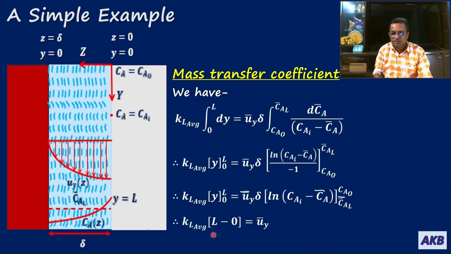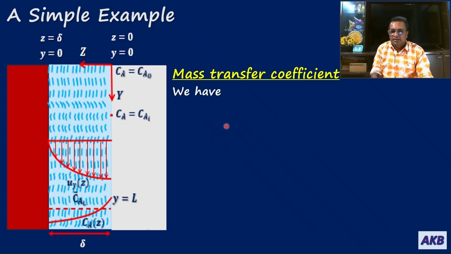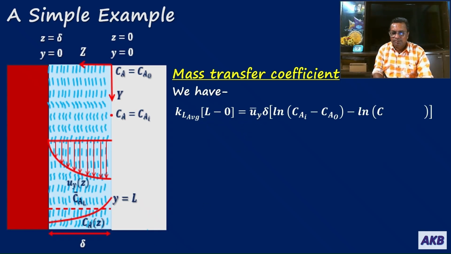It is KL average L minus 0, that is equal to uy bar delta into ln of CAI minus CA naught minus ln of CAI minus CAL bar. Let us continue with this.